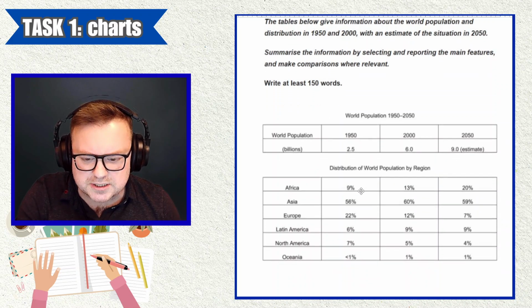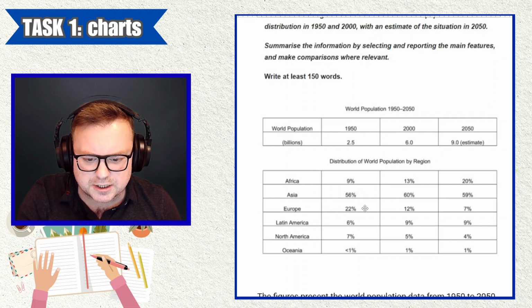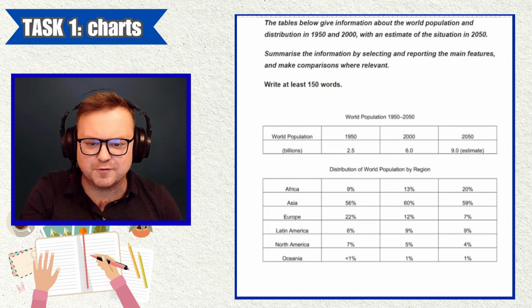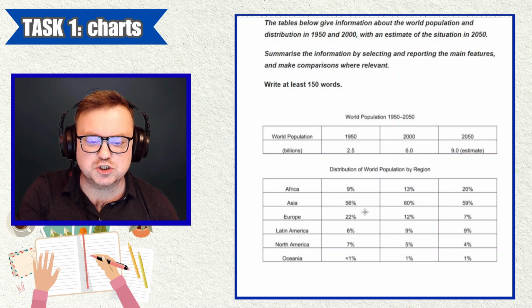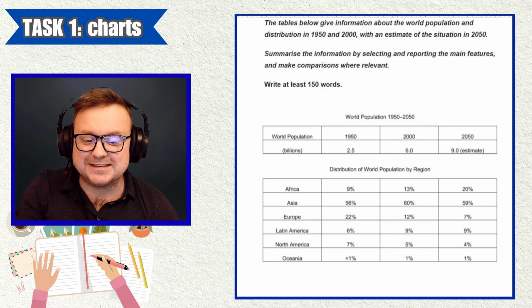Okay, so let's have a look. I always want to take a nice detailed look at the information before I check anything. How much time will IELTS examiners spend looking at the data? I don't know.